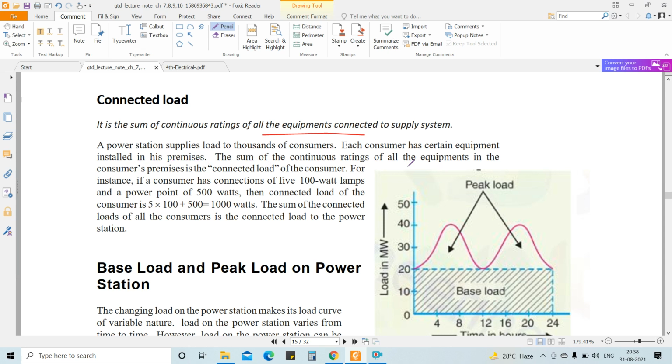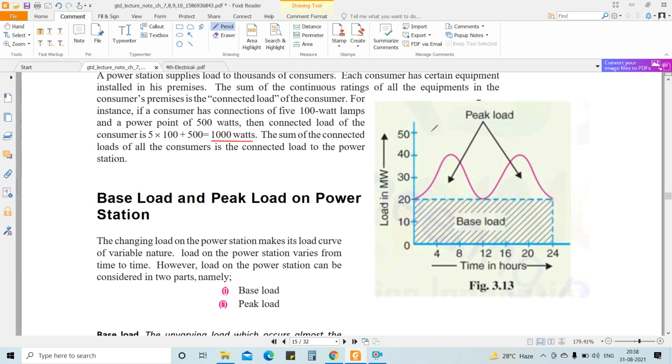If a consumer has a connection of a 500 watt lamp and a power point of 500 watt, then the connected load of the consumer is 500 plus 500, that is 1000 watt. So the sum of connected load of all the consumers is the connected load to the power station. So this 1000 watt is the connected load. That means the sum of continuous rating of all the equipment connected to the supply is the connected load.